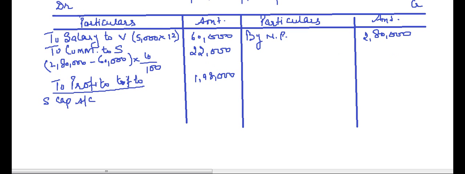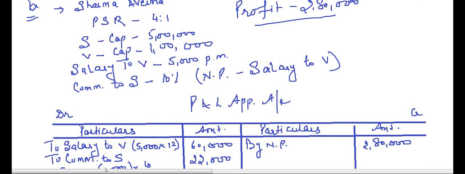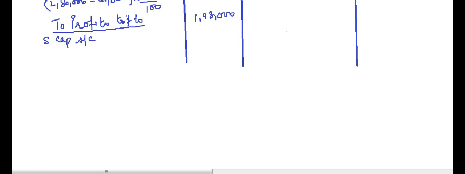Now what is the profit sharing ratio? Profit sharing ratio is 4:1. That is given in the partnership deed. So we will divide this 1,98,000 in the ratio of 4:1. Now what will S get? 1,98,000 into 4 divided by 5.